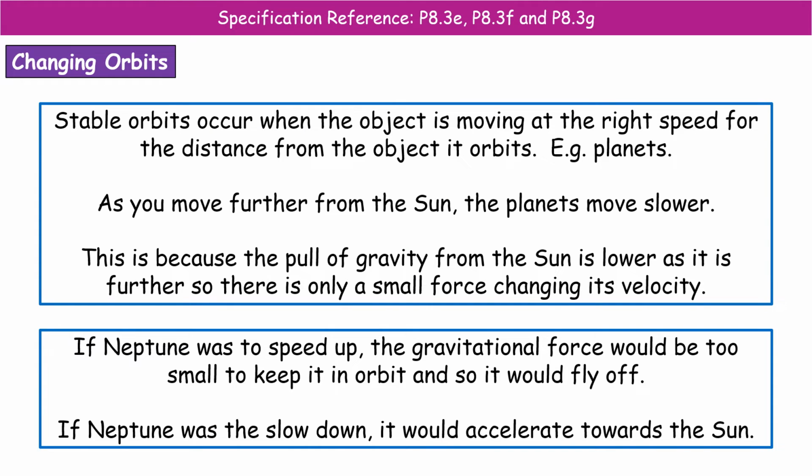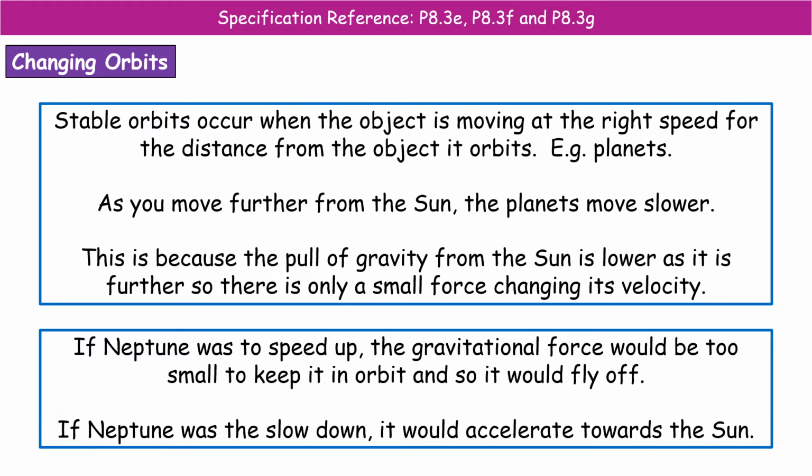In terms of the types of orbit that we find, what we're really aiming for is a stable orbit. Now, stable orbits will occur when the object is moving at the right speed for the distance it is from the object that it orbits, i.e. it is moving at the right speed for the distance it is from planet Earth.